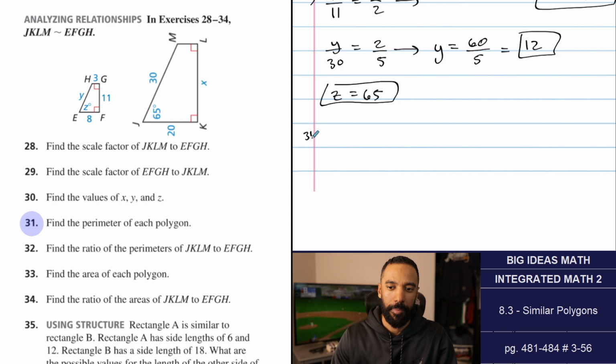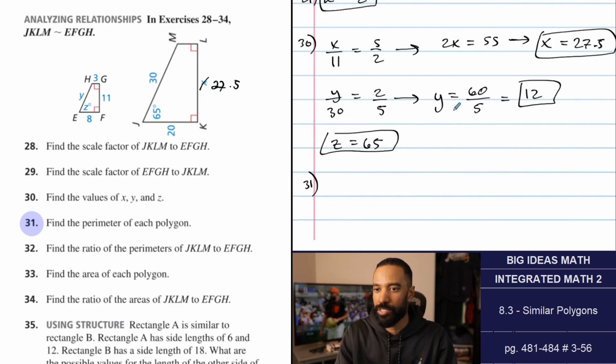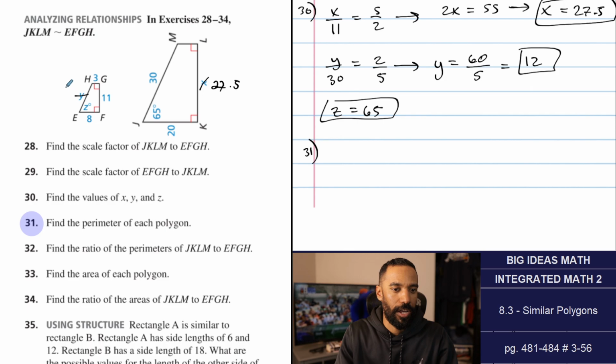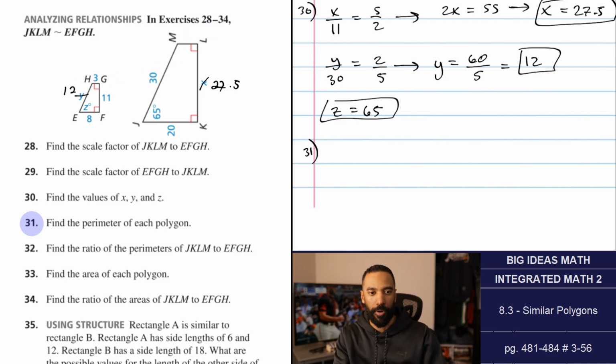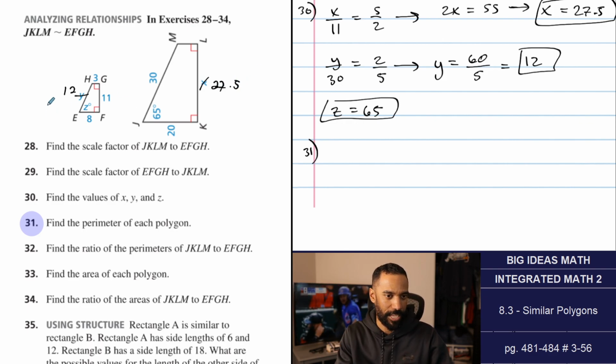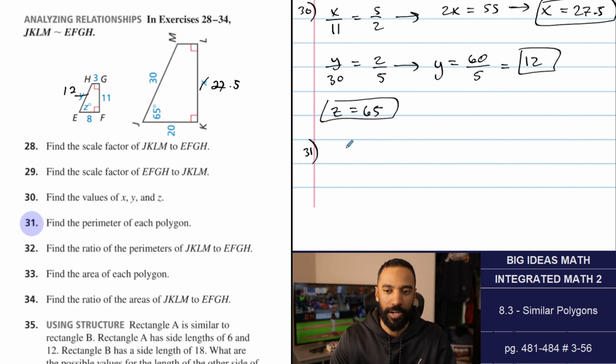Okay, it's probably best at this point that for the X value that I found, etc., I just go ahead and replace it with what those values are. I think it's 27.5 there. So 27.5 on X, 12 on Y. Now, I don't know the length of ML. I could find it with a proportion, but since this already has a decimal, and since I already have all of the lengths on this one, I might as well find the perimeter of the small one, apply the similarity ratio with the third one, and then we'll be good.